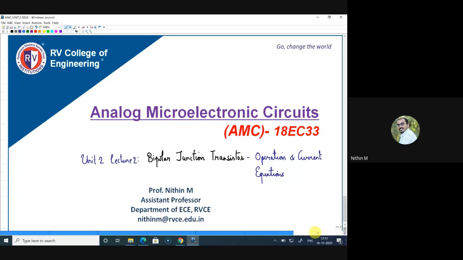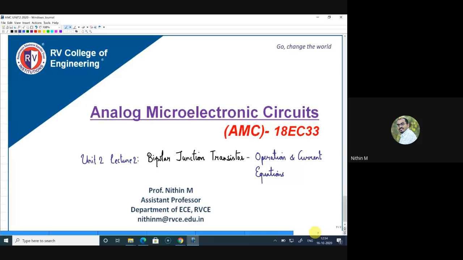because the whole idea of this course, analog microelectronic circuits, is to introduce amplifiers to you. Amplifiers are one of the important circuit blocks, widely used all the time to amplify weak signals, because we always deal with signals which are weak in nature, and to strengthen such signals we need circuits which can give a larger magnitude, that is your amplifier.